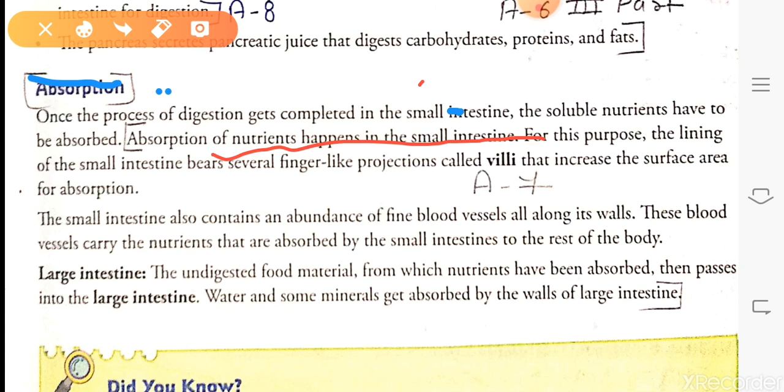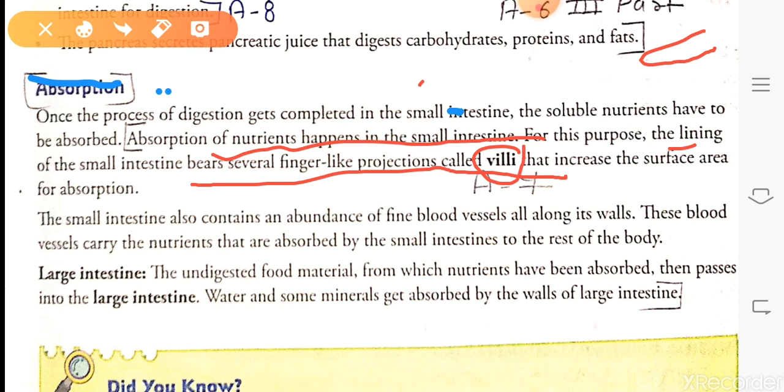And what are the organs that work for it? For this purpose, the lining of the small intestine bears several finger-like projections called villi.